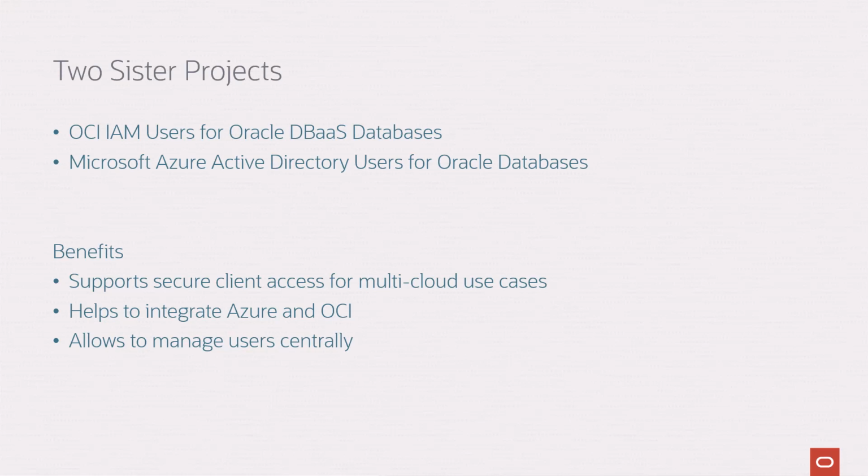On the one hand, it could be the identity and account management service of the Oracle Cloud. On the other hand, it could be Microsoft Active Directory. In both cases, users identified from that directory could be directly mapped to an Oracle database. It helps to integrate Azure and OCI, but it also helps to manage users centrally.